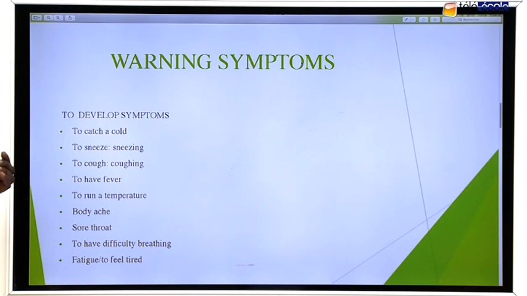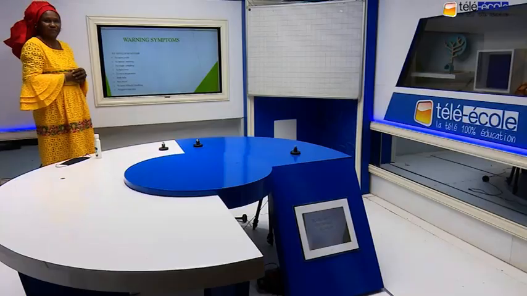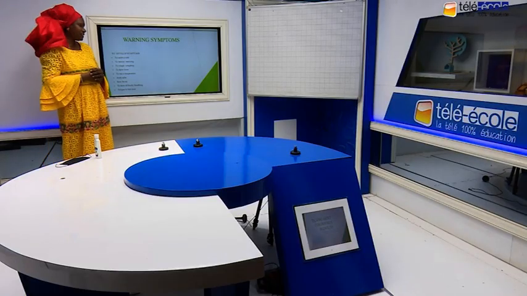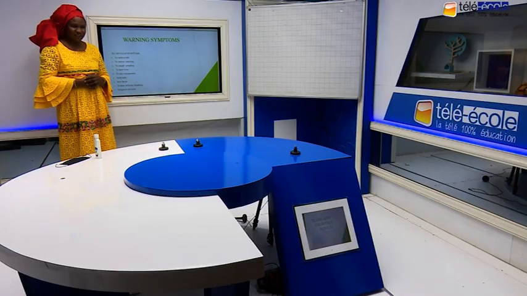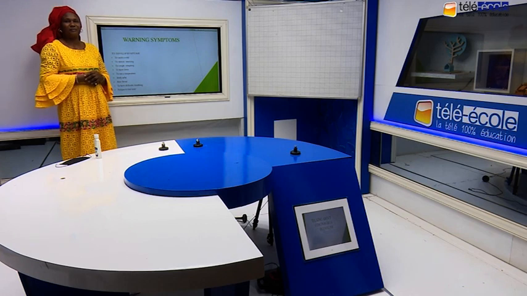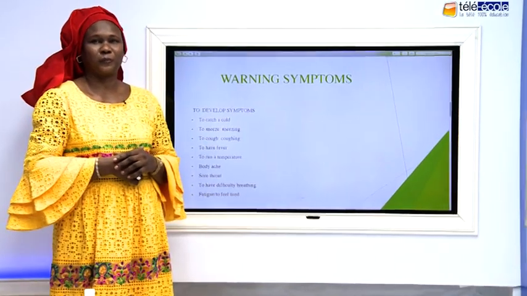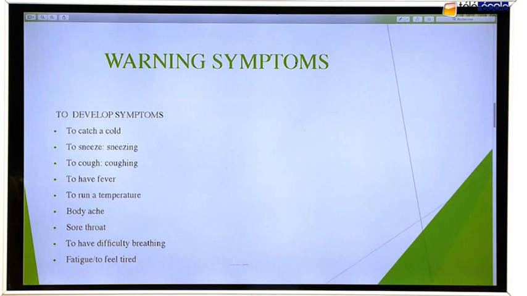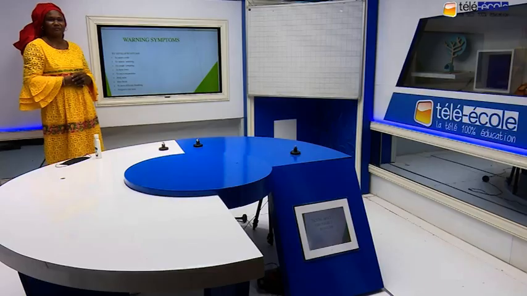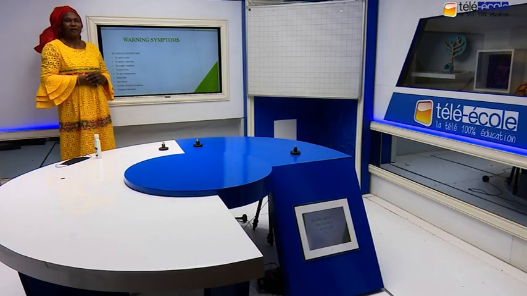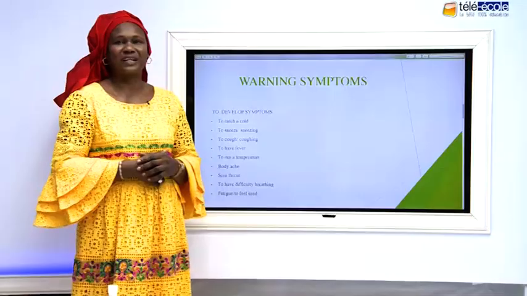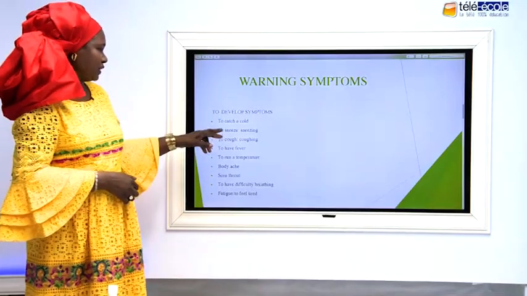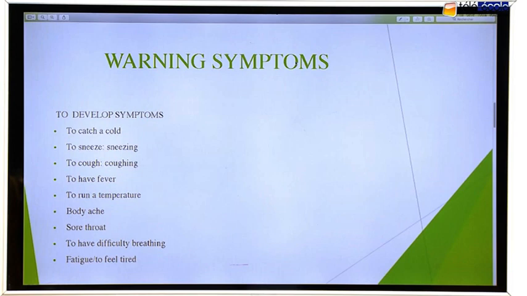Another symptom is to sneeze. To sneeze. I'm sneezing. You have the word to cough. To cough. I'm coughing. And the noun from to sneeze is sneezing.